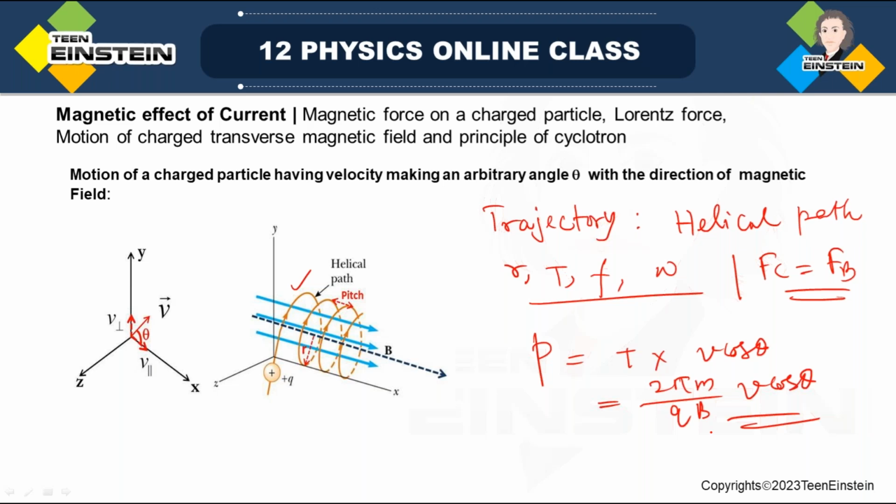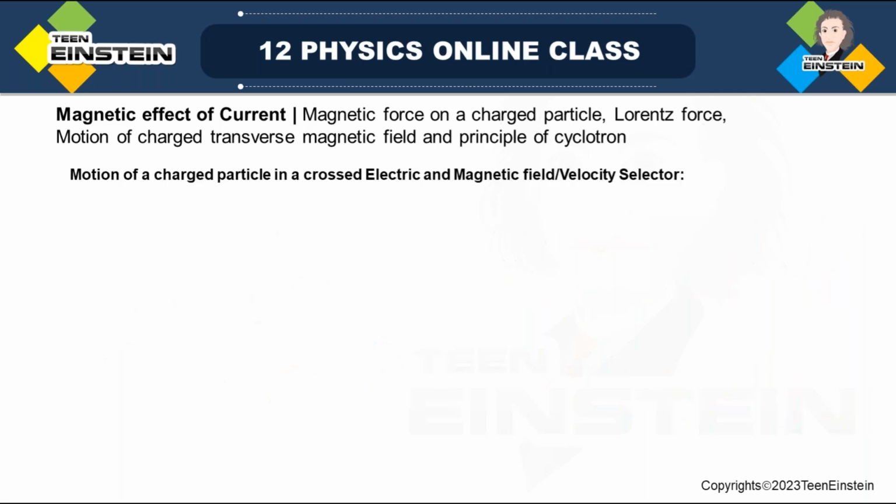Now we'll move on to an important topic, that is the motion of a charged particle in a crossed magnetic and electric field. Crossed electric and magnetic field. Let us go directly to the point. So what is the point here?